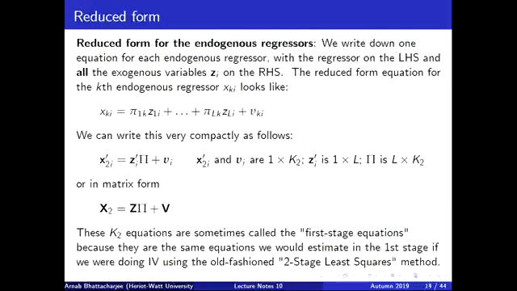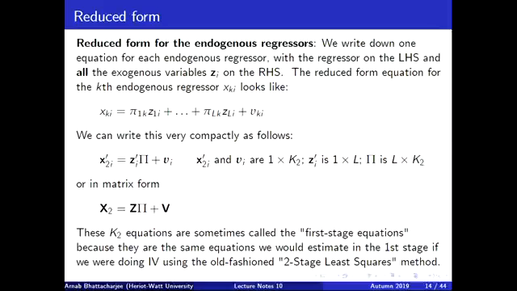Likewise, we are going to have reduced forms for all the other endogenous variables. Each thing which is endogenous has an equation, and on the right hand side you have all the instruments, everything that is exogenous. For all the others, we compactly write them down like this: combine them as a column vector, all the other endogenous regressors.